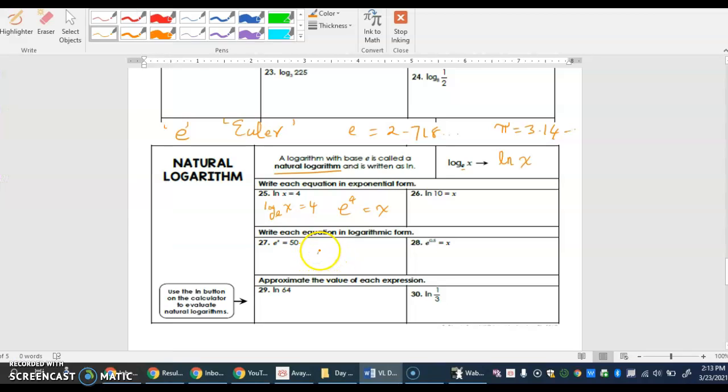Or I could write it as 54.6, right? Likewise, where was I? Was this the one? No, sorry, 54.6 is here, my bad.